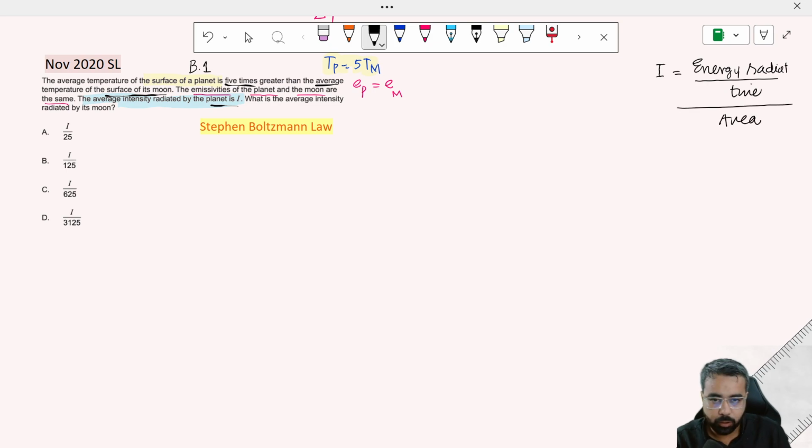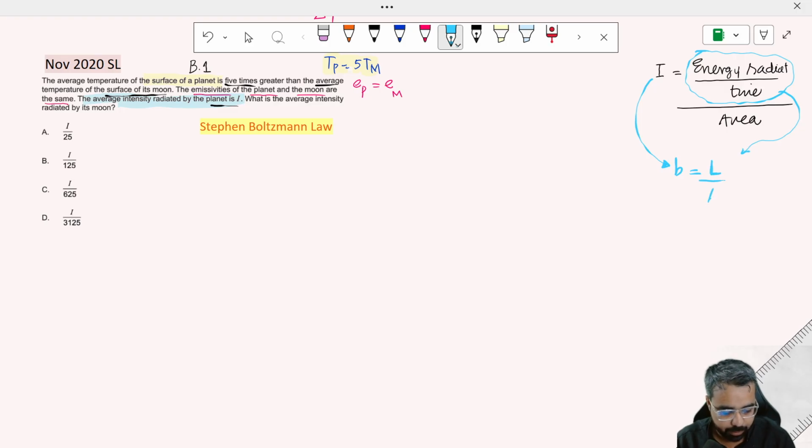So the intensity of the planet means how much energy that planet is radiating in 1 second from 1 meter square. In our new syllabus, you can consider the intensity to be the apparent brightness. And this is a power because that's energy over time. In our changed curriculum, you can consider it luminosity divided by area. So its unit must be in watts.